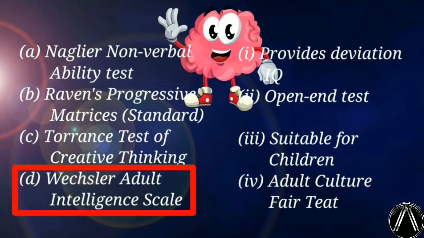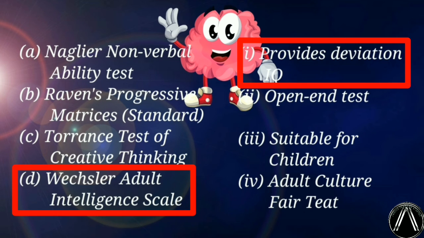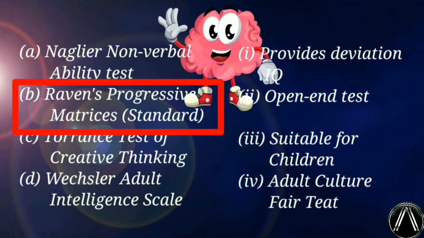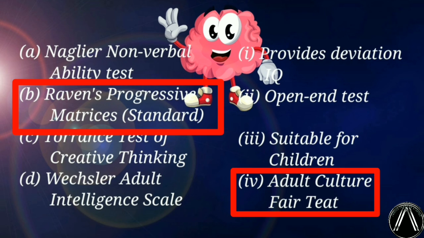Now, option D, Wechsler Adult Intelligence Scale. And do you remember when I said the test scores that fall between 85 and 115 are considered average normal intelligence? And those whose scores fall in the tail section of the normal distribution are considered deviants, thus providing deviation IQ. Matched too. Now the remaining are option B, Raven's Progressive Matrices, and option 4, Adult Culture Fair Test.